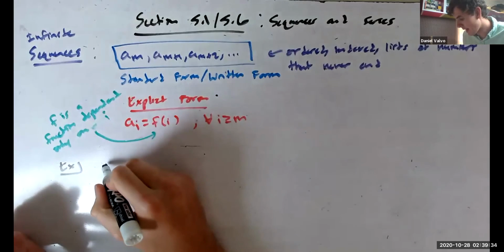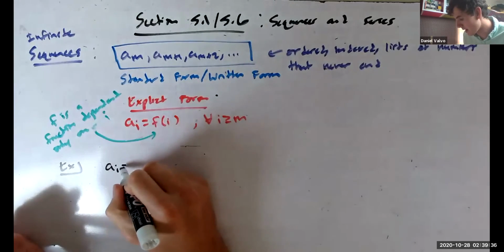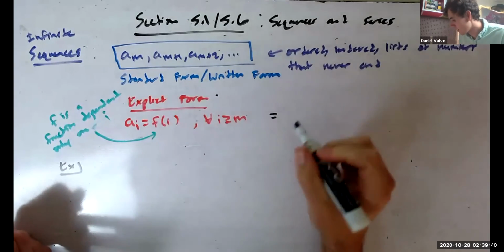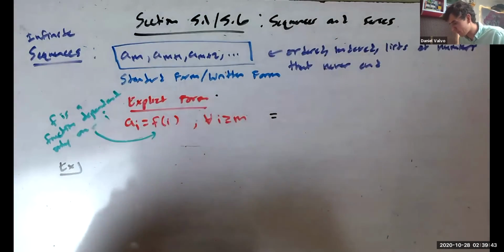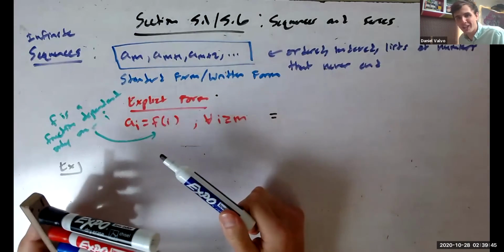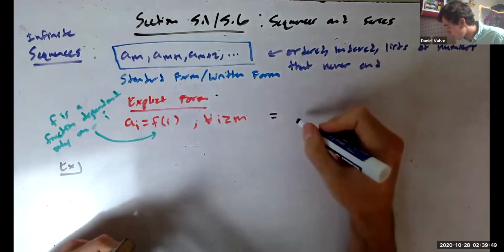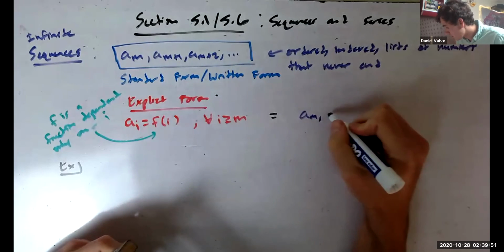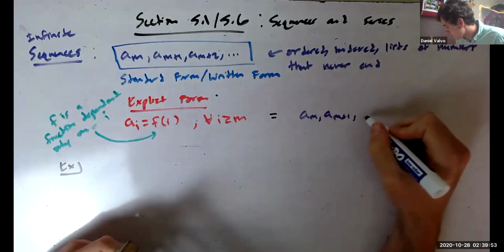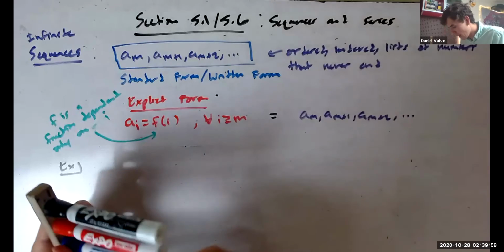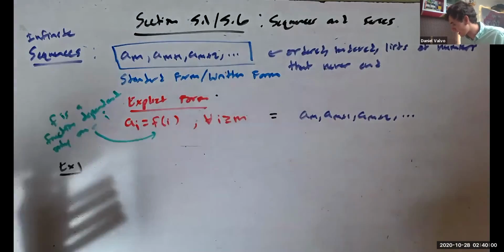If we had the sequence a_i, I want to be very clear here that this explicit form is equivalent.